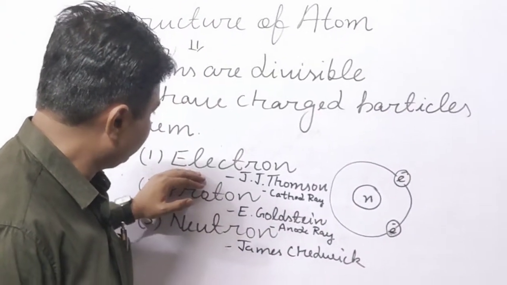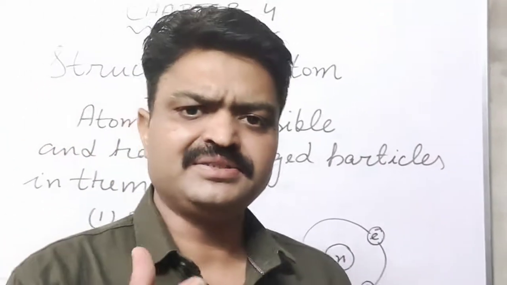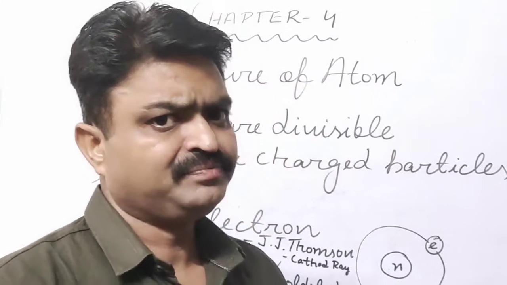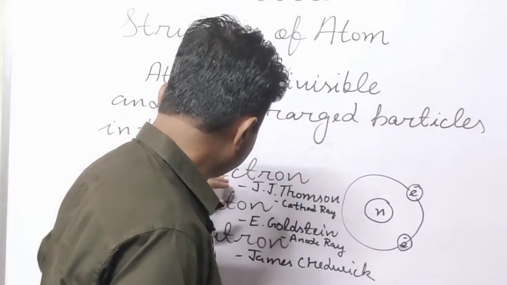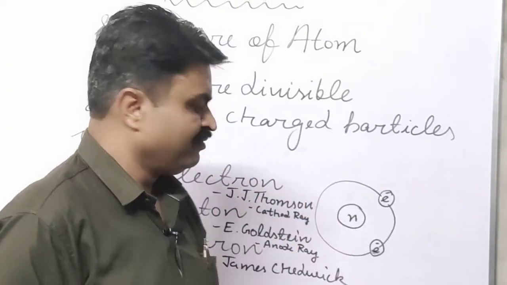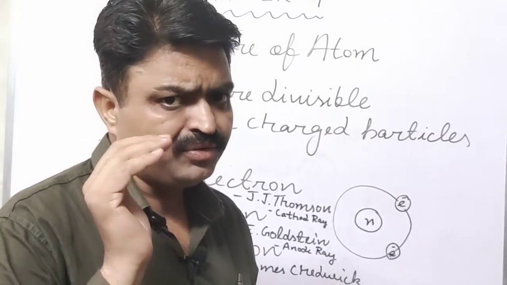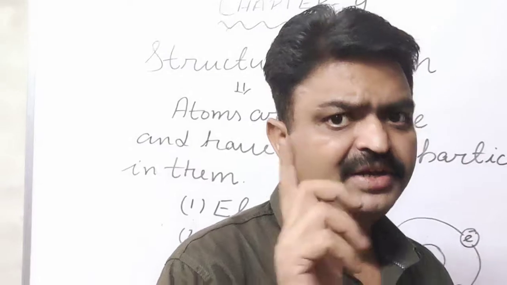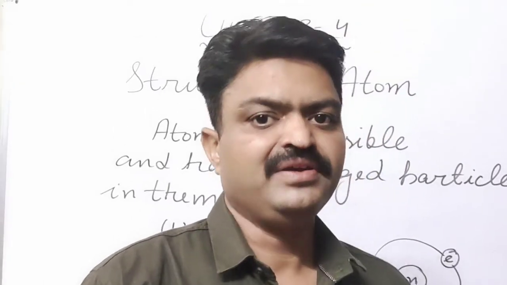So this electron concept was given by the great scientist J.J. Thomson, student, and he did this experiment with the help of cathode rays. The cathode rays have some negatively charged particles, and those negatively charged particles are known as electron.